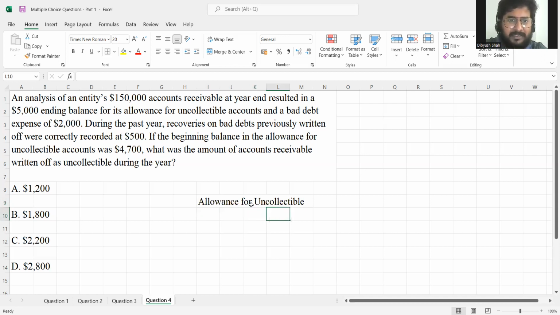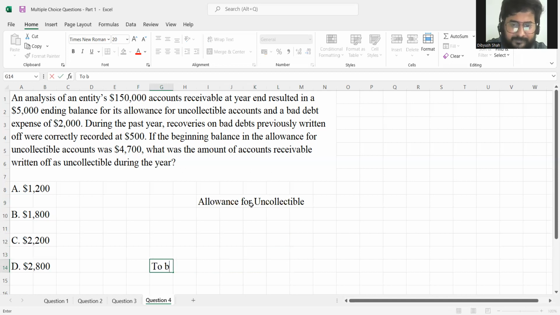The first line tells me an analysis of an entity's $150,000 accounts receivable at year end resulted in a 5,000 ending balance. So the closing balance is given. That is 5,000. Continuing, and a bad debt expense of 2,000.